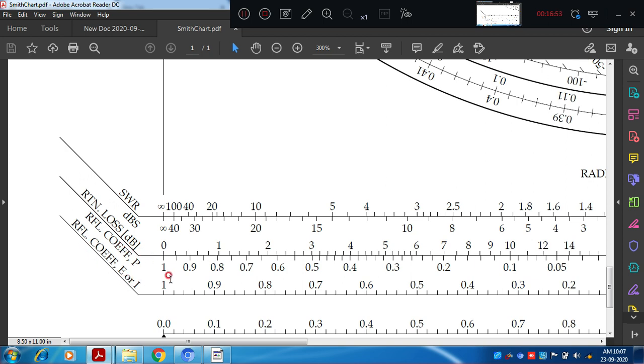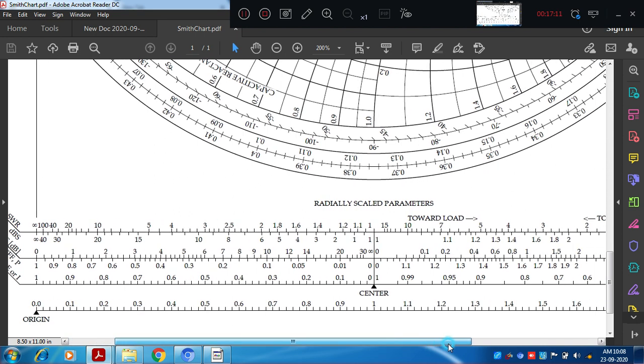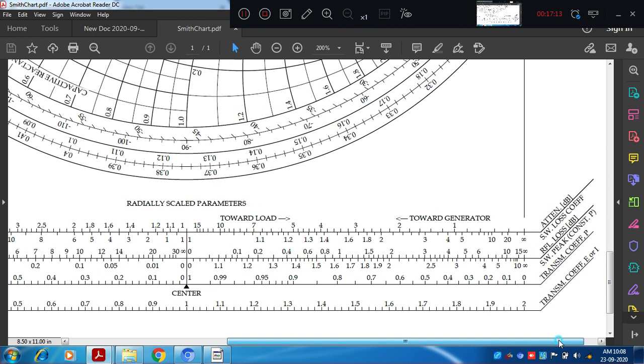These parameters can be obtained with the center point and the load point, that is point A, as a radius. You keep an arc and cut whichever parameter axis you want, to get the values related to that particular parameter.